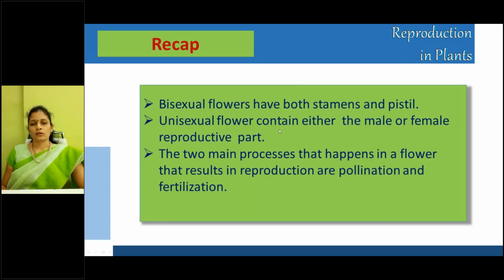Unisexual flowers are also called imperfect flowers or incomplete flowers. The two main processes that happen in a flower that result in reproduction are pollination and fertilization.